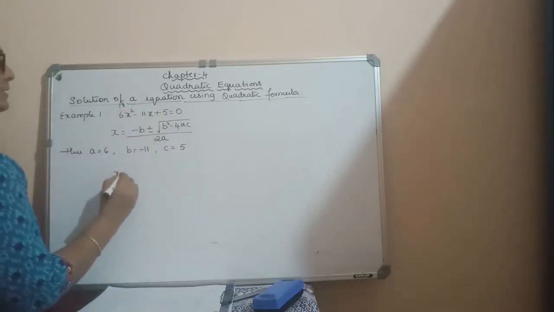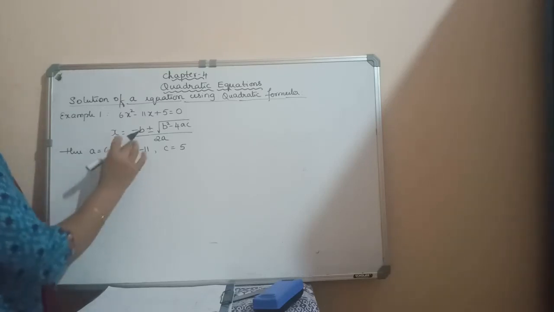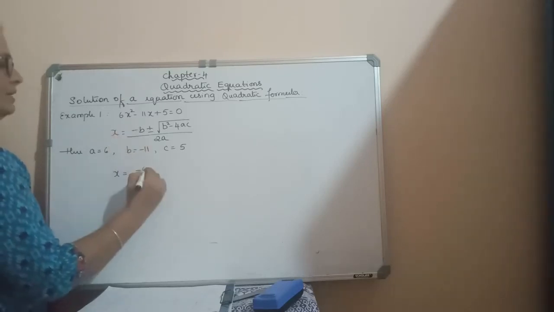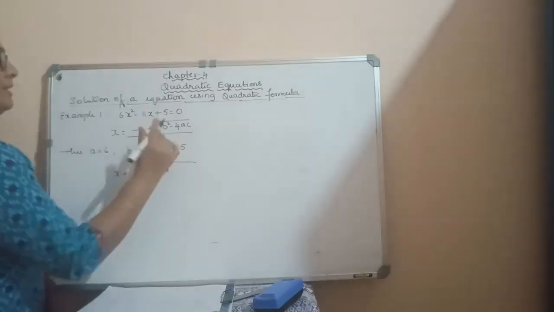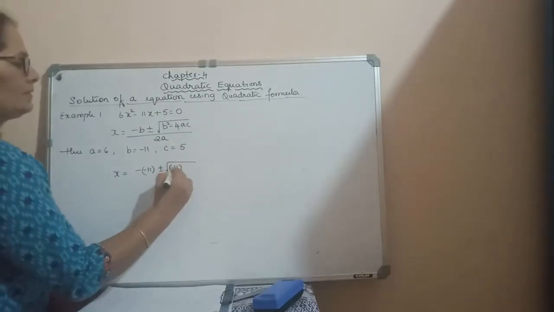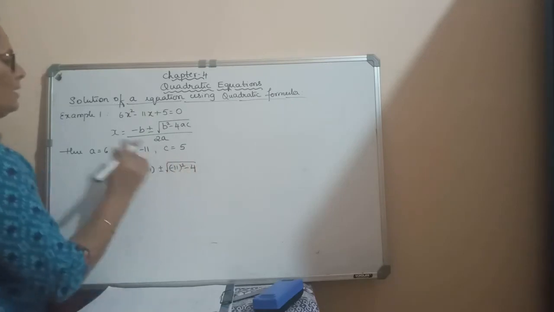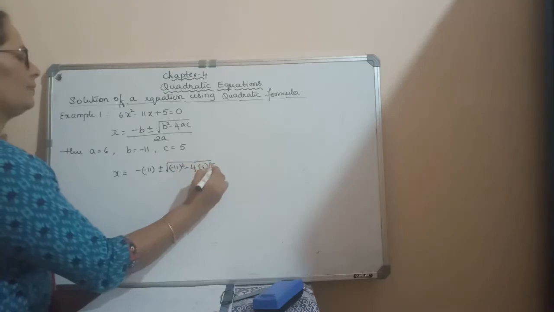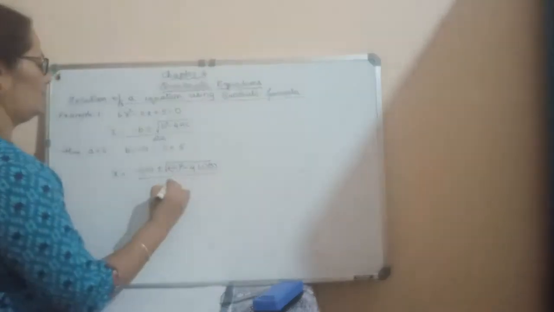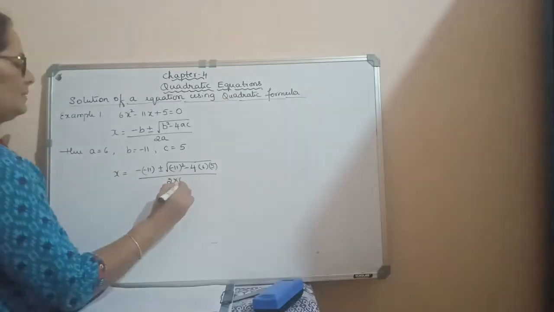Now substitute these values. Minus b, minus of b is minus 11, plus or minus root of b square, minus 11 square, minus 4, a is 6 and c is 5, divided by 2a, a is 6.